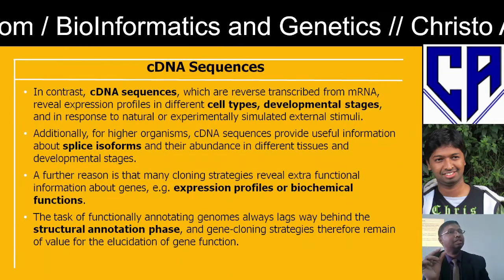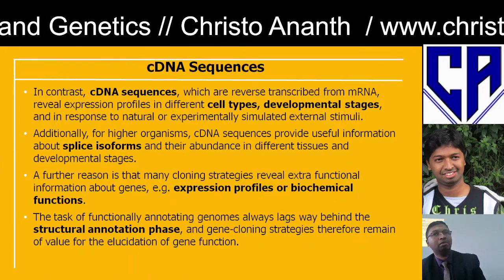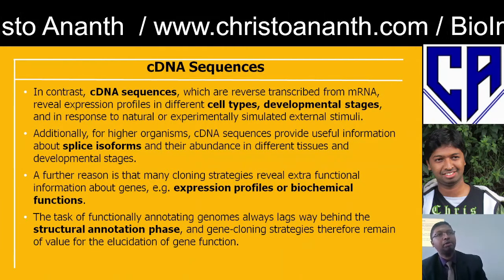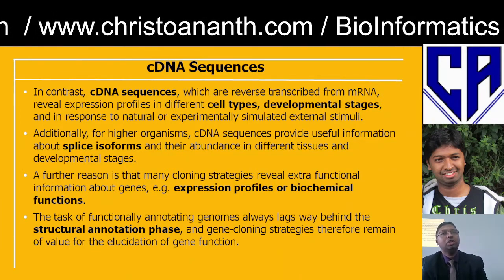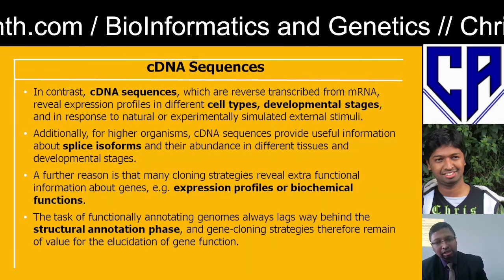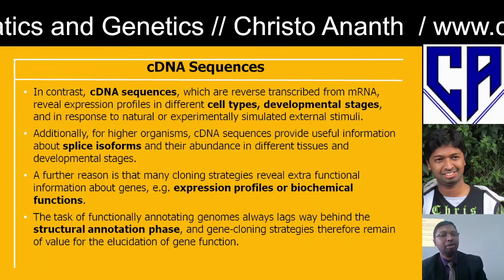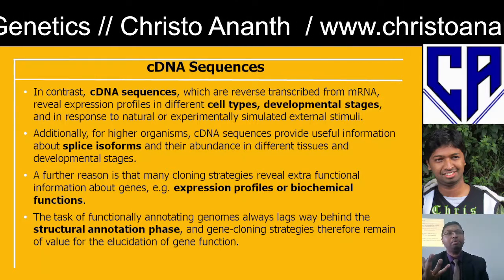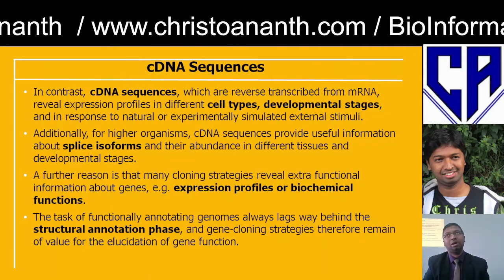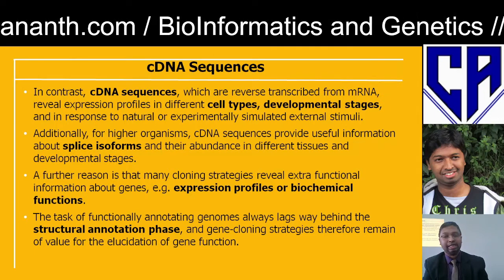From the splices only, you get the useful information about the cDNA sequences. From different tissues and different development stages, you get different characteristics. In the genes, you will have expression profiles and biochemical functions that give more information about the genes. This is how you get information from single gene analysis.